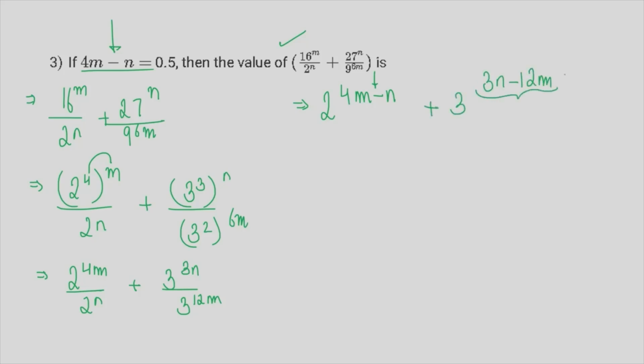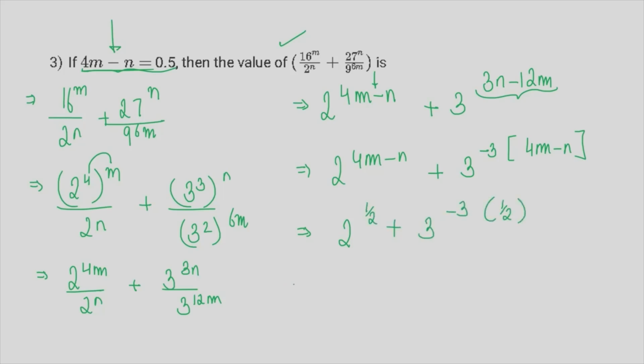Let's take 3 common from the power. Actually minus 3 so that we get 4m minus 1 in the bracket. And bingo, this value has been given to us. So all you need to do is substitute the value of 4m minus n, which is half. Therefore, the final answer of this question is under root 2 plus 1 by 27 ka under root.